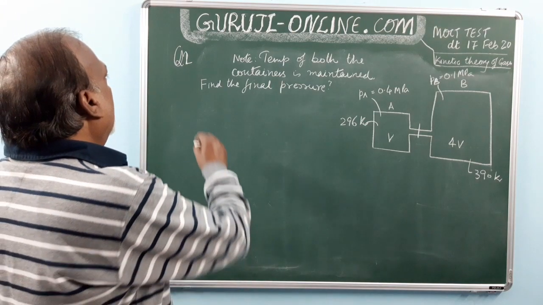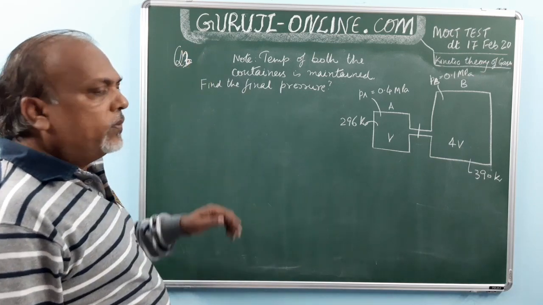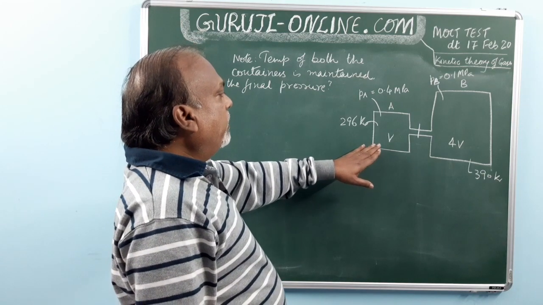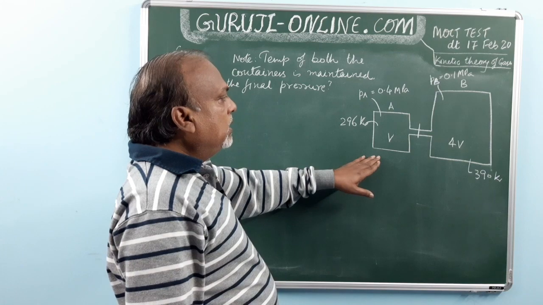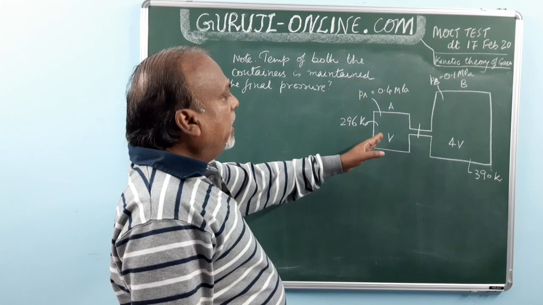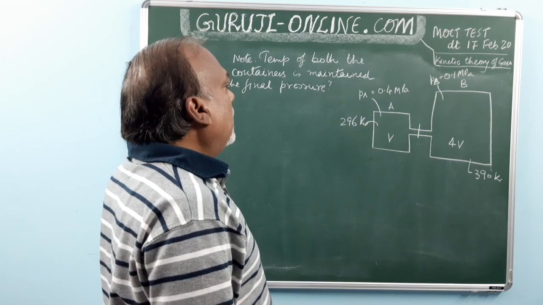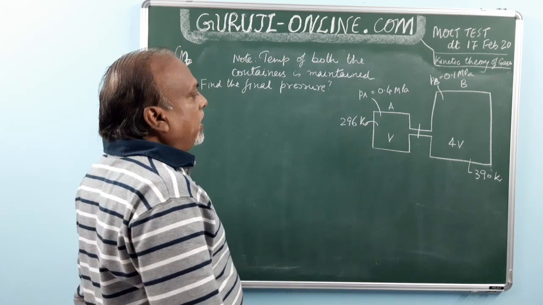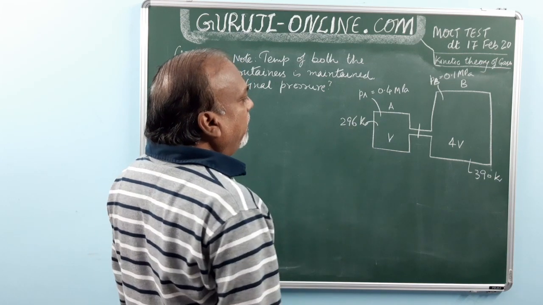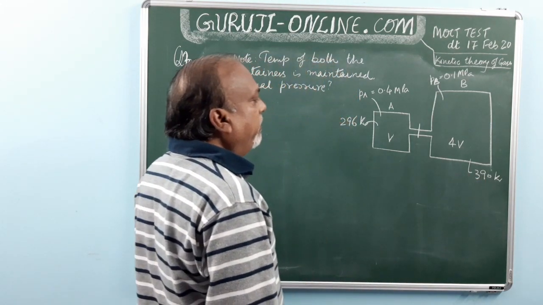This is the third problem, and let us first understand the problem. We have two containers and there is same gas in this container also and in this container also. Container A is at the temperature of 296 Kelvin and container B is at the temperature of 390 Kelvin.